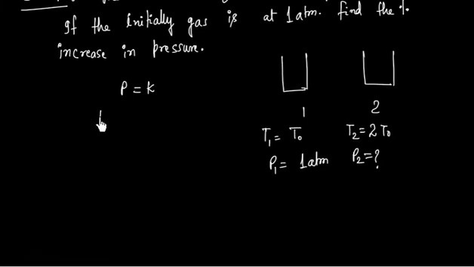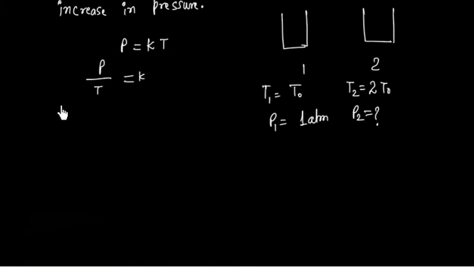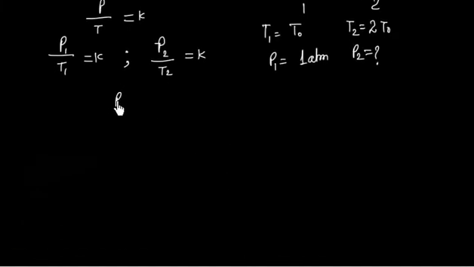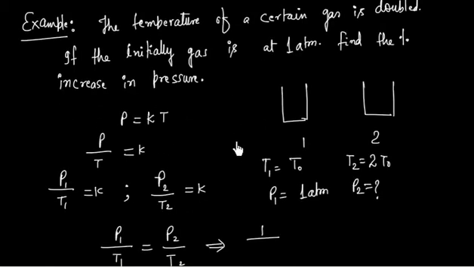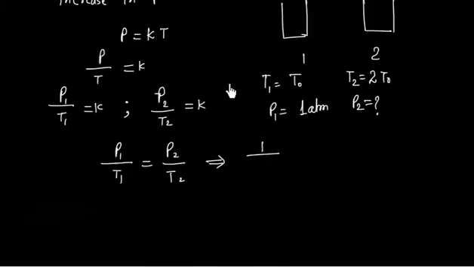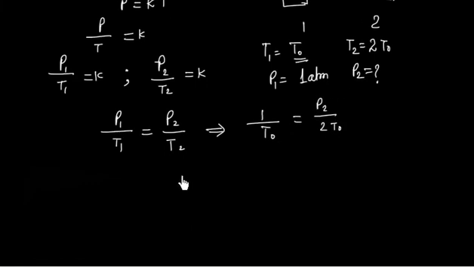So we can apply P by T is equal to constant. This means P1 by T1 is constant and P2 by T2 is also constant, and these two constants have to be equal. So P1 by T1 is equal to P2 by T2. If I apply this, P1 is 1 and T1, the initial temperature, is T naught; P2 we have to calculate, divided by 2 T naught. So basically P2 is 2 atmospheric pressure.